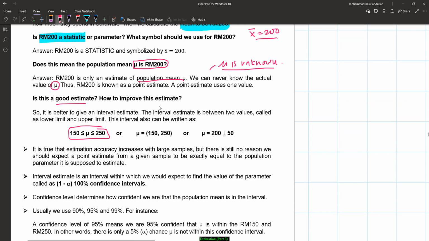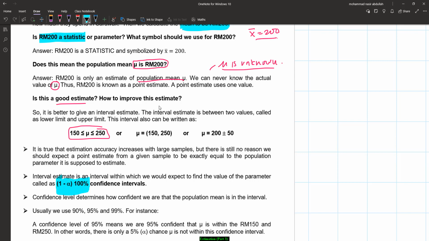Interval estimation requires a value, which we call 1 minus alpha multiplied by 100%, which is the level at which we are confident our estimate is correct. So we want to know the total spending of the tourists for the whole population with 95% correct or 99% correct.